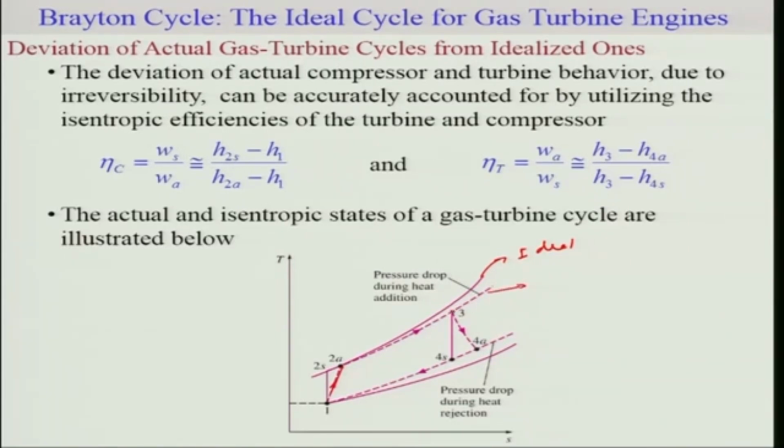Now the turbine also undergoes a similar operation. So this is your isentropic process, and this would be the actual one, and there would be a certain pressure drop as well, and thus this particular process will deviate from the ideal one. You can represent this in a simpler form, and what we are going to consider is the following way. We can write this TS diagram.